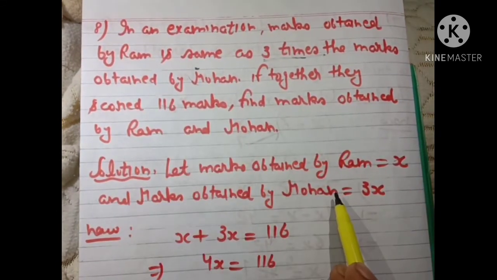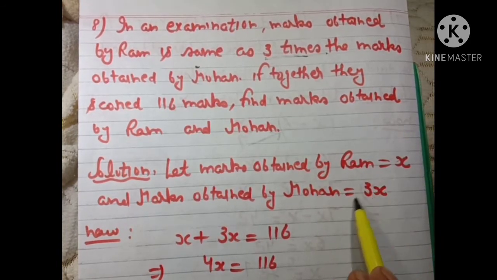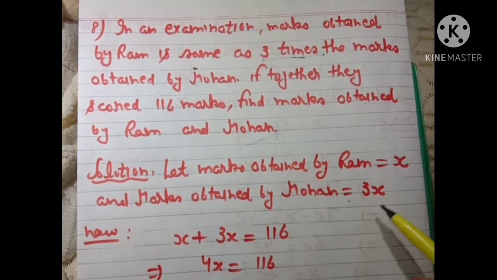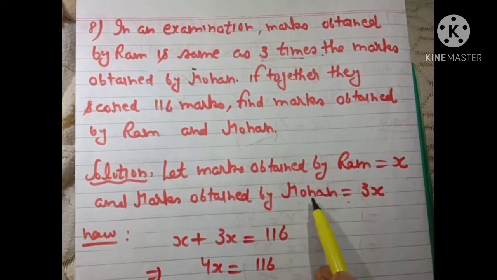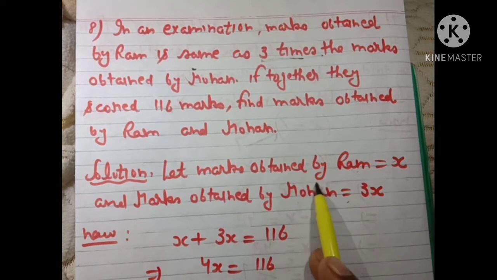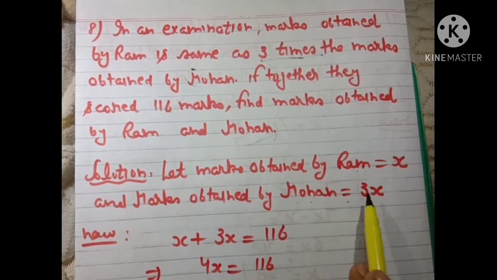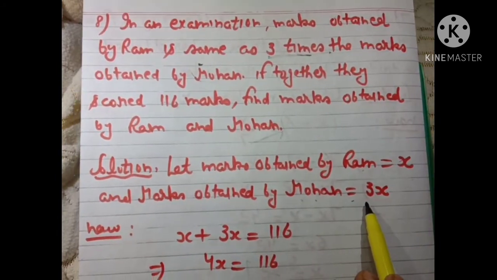We have to multiply the marks with 3, because the difference between Ram and Mohan is only this, the marks obtained by Mohan is 3 times. So that is why we multiply here with 3.